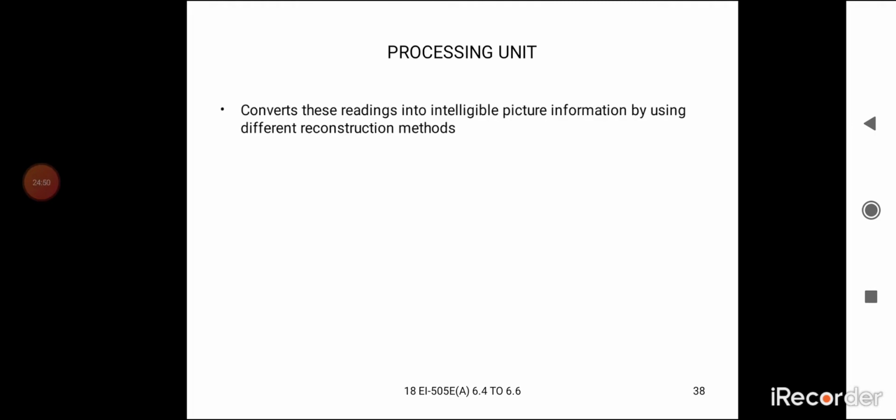Processing unit: it converts these readings into intelligible picture information by using different reconstruction methods, which are the back projection method, iterative method, and analytical methods.